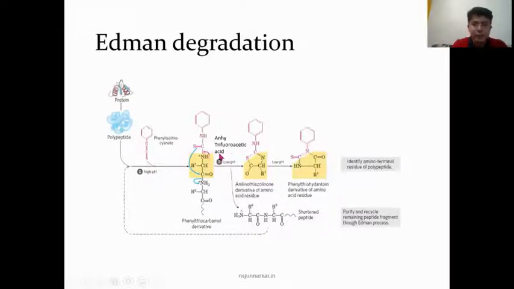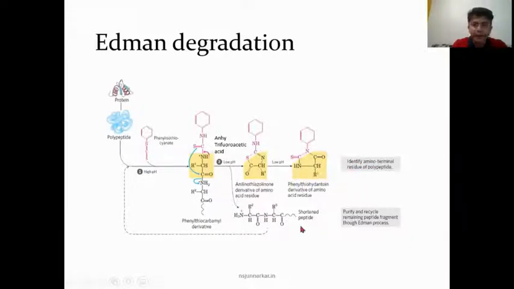thiazolinone derivative of the N-terminal amino acid residue, and the rest of the peptide will be there, shortened by one amino acid. At low pH, this is converted into the phenylthiohydantoin derivative of the amino acid residue, which can then be extracted with solvent and identified through the appropriate technique.